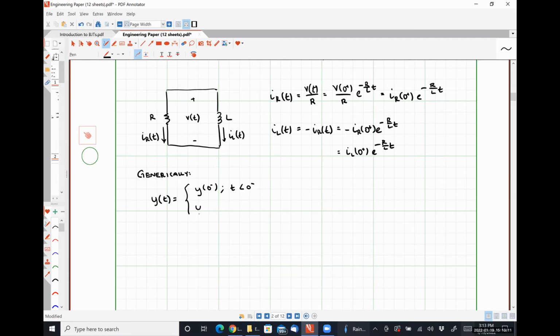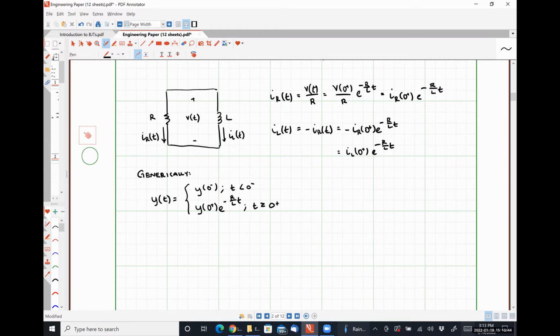And then after our switch opens up, it will behave like y at 0 plus e to the negative R over L t, for t greater than or equal to 0 plus. We can check our work, prove that this is how this behaves.